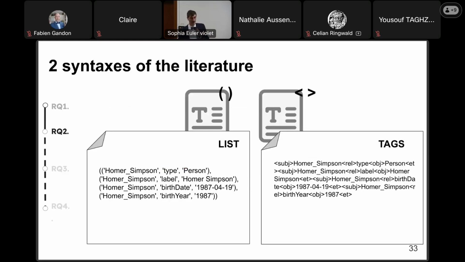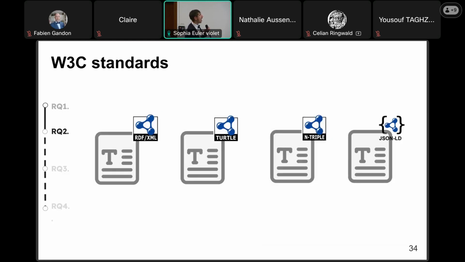So, the 2 first syntaxes are related to a list and a tag, and both of them represent the graph I was telling you about. They are the 2 main syntaxes used to extract a graph from a text. Aside from it, as our work is related to the semantic web, we also compare and benchmark the 4 main syntaxes of the W3C.